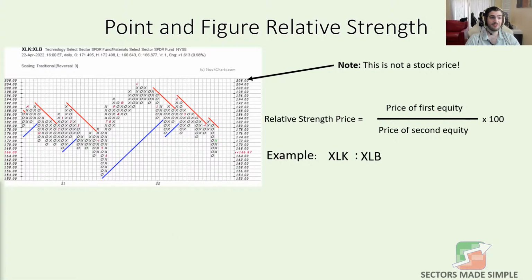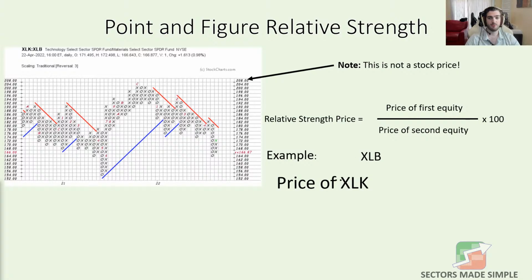So the exact way that we find the relative strength value is we take the price of the first thing and we divide it by the price of the second, multiply it by 100. So again, let's take this example, technology compared to materials. We'll just bring technology down here. The first thing, the numerator, or the price of the first security, is going to be XLK's price.